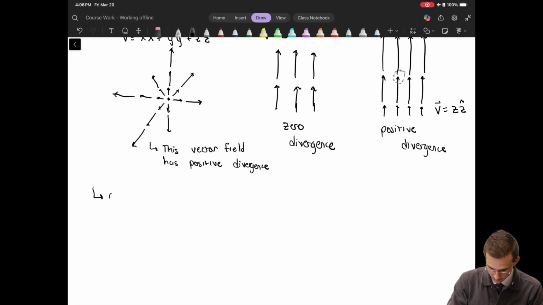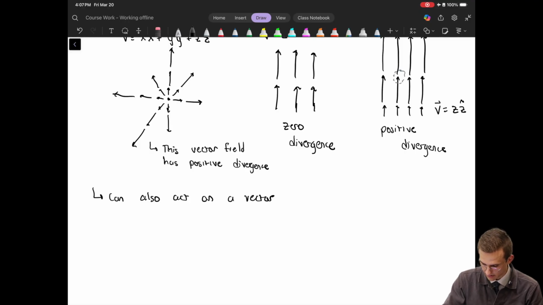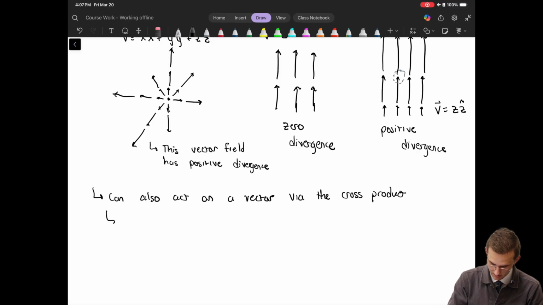Now going back to the type of operations we can perform with del, the gradient operator, you can also act on a vector via the cross product. Okay, so that looks like del cross u.